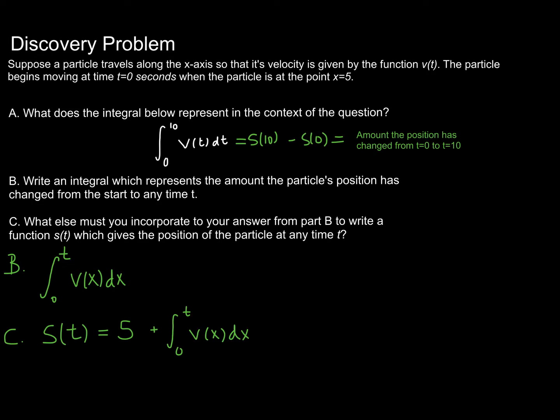And so all of a sudden I have a very nice way, given a velocity function, to write a function that gives me the position. And because I know how to evaluate a definite integral, so long as I can find the antiderivative, this piece here can actually be done quite simply.